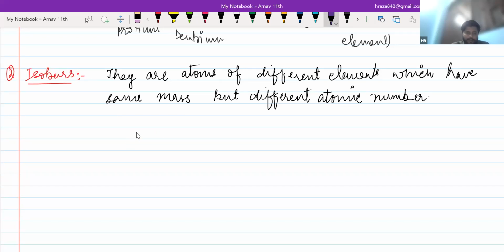For example, you can take hydrogen of tritium and helium of 2.